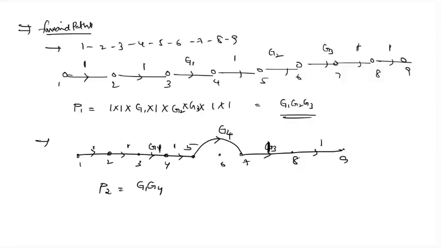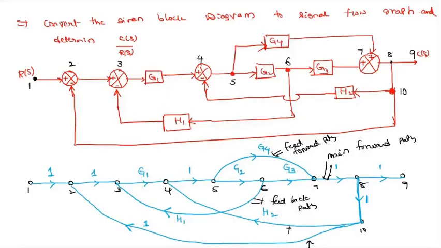If you go for the loops, how many loops will we have? By looking at the diagram, we cannot say how many loops we have. The first loop I'm going to consider is 3, 4, 5, 6, 3. So if I consider 3, 4, 5, 6, and again 3, let's see what we have.